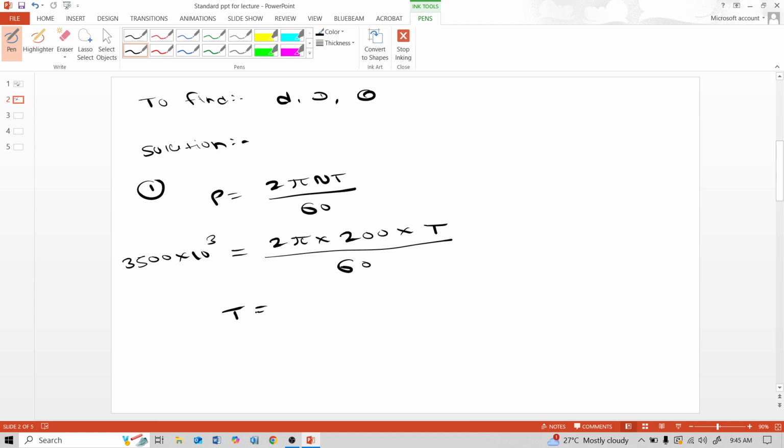3500 into 10 raised to 3 multiplied by 60 divided by 2 into pi into 200, which is 167,112.69.